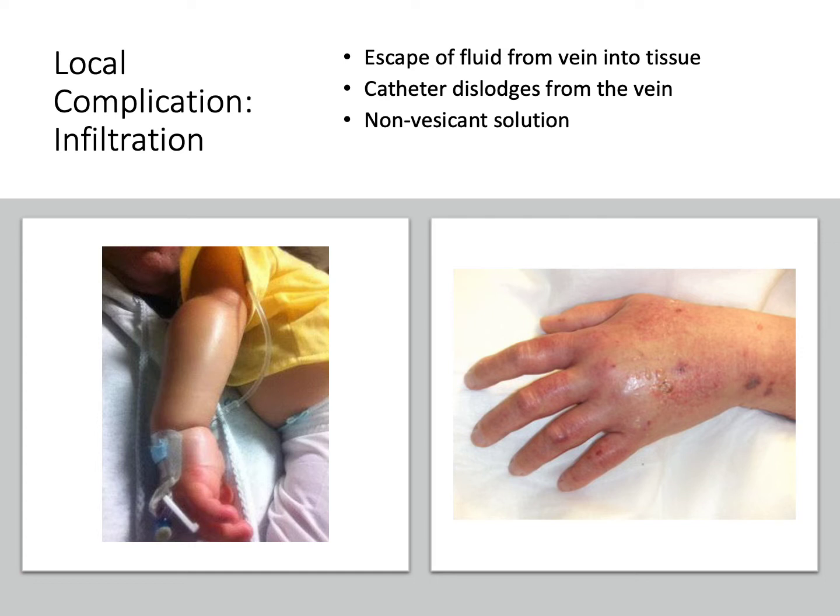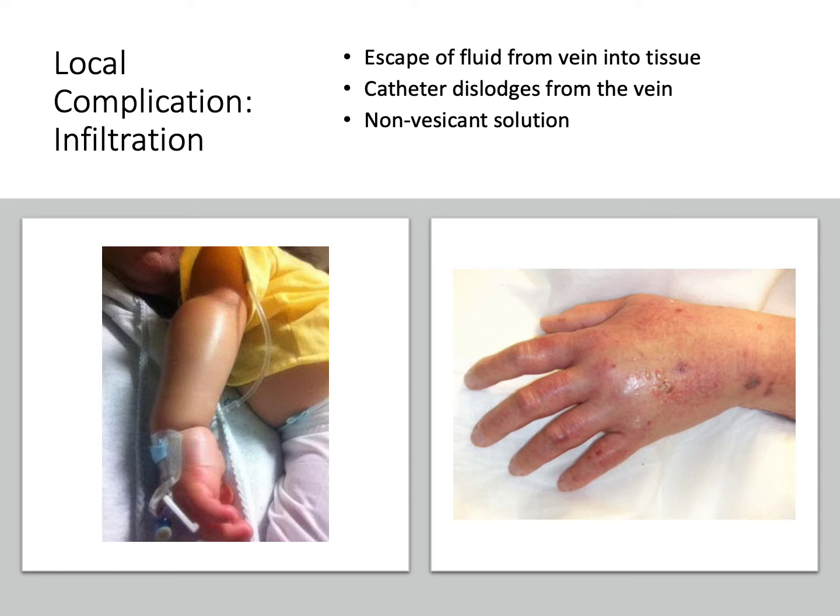I'll just flick the slide here and we'll talk about the signs and symptoms. Actually, I'll stay on the picture because you have a visual here. The signs and symptoms are, there's usually going to be puffing up of the hand or the arm or the foot or wherever it is. If it's a child, or someone who has some cognitive impairment, or an older adult with less sensation, they may be less likely to notice.